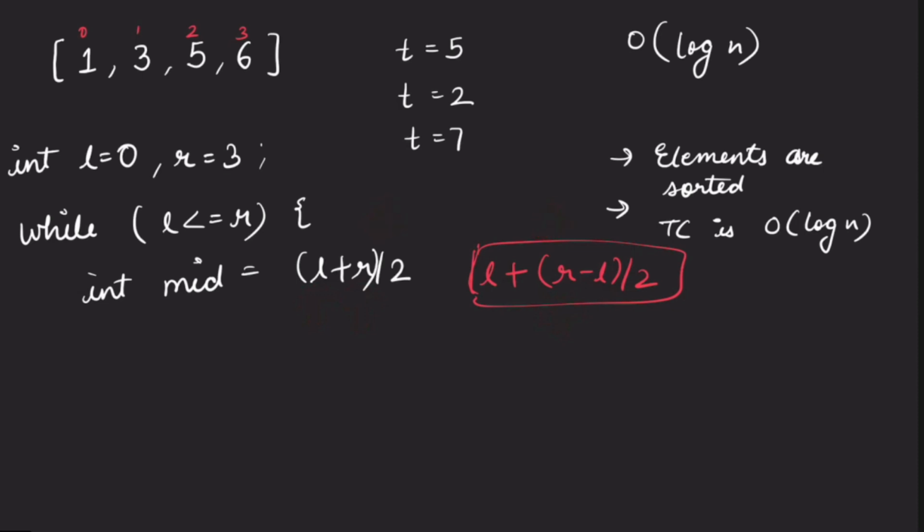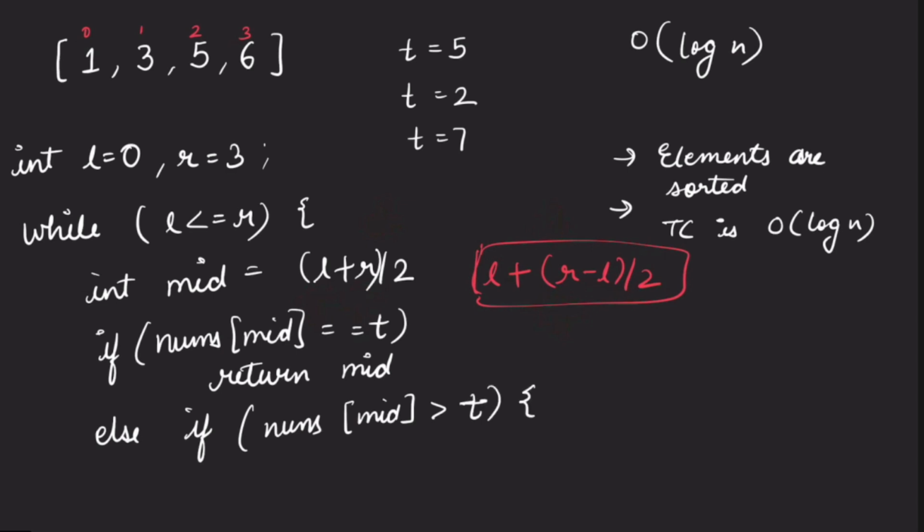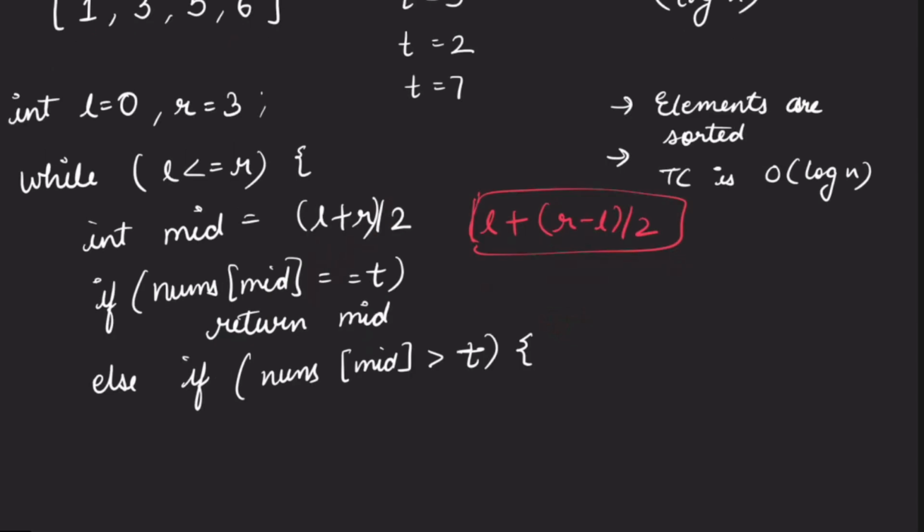So then we calculate the mid. After we have calculated the mid, we compare it. We check if our array's mid is equal to the target. If it is, then we simply return the mid, because mid here denotes the index of that target. Else, if nums of mid is greater than the target, then that means we will have to move towards the smaller numbers to find our target, right?